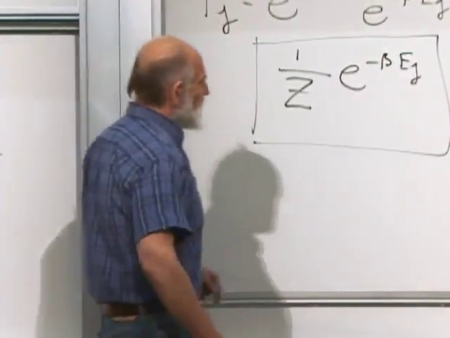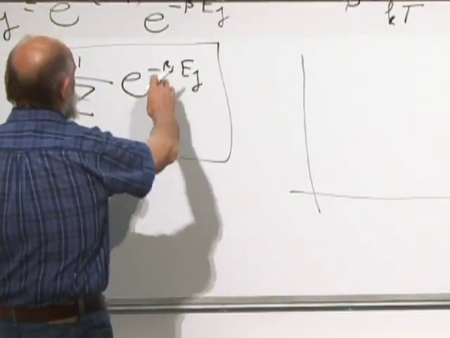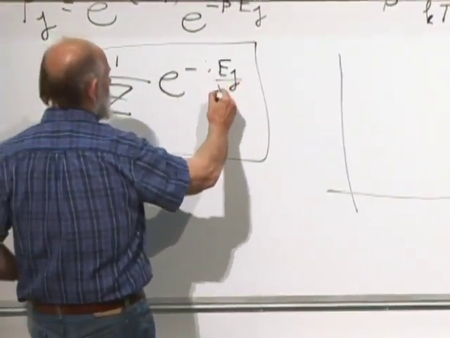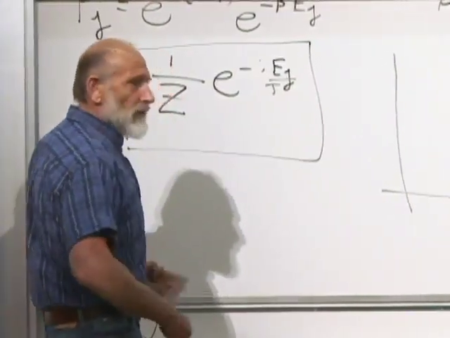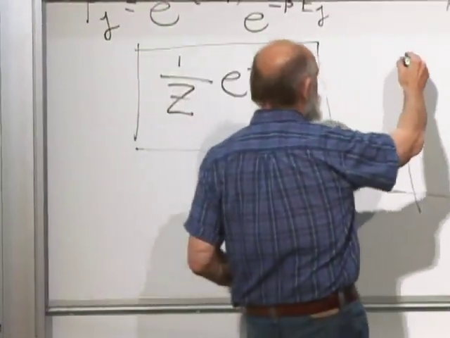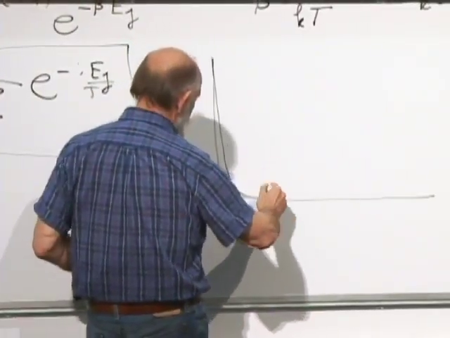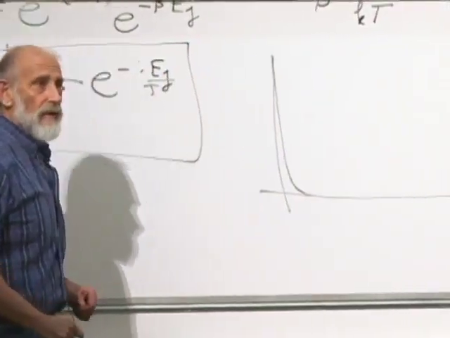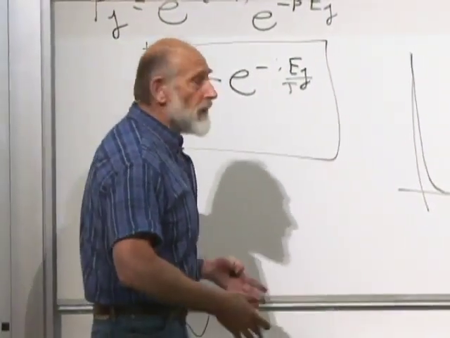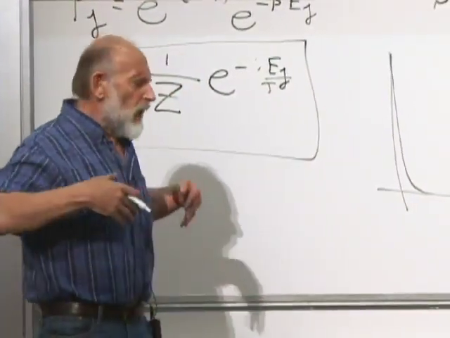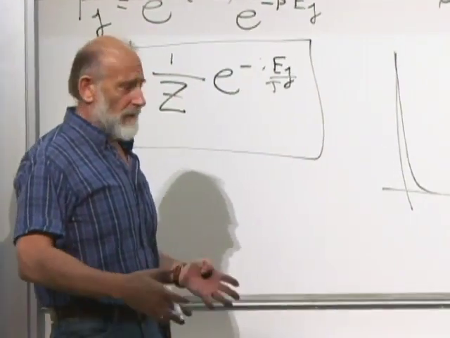So, let's put T in over here. At very, very low temperatures, the probability distribution is sort of squashed toward very low energy. As the temperature goes up and you go to enormously high temperatures, what happens?